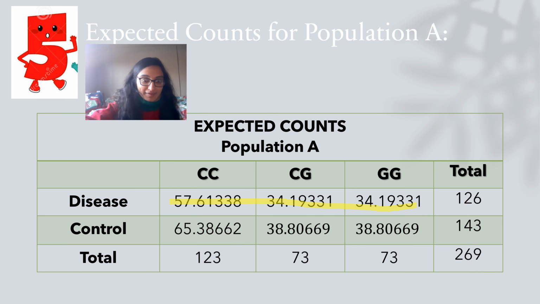Do these all add up to this? That's your first question. And similarly, these should also add up going across to 143. And if you also go down, you should make sure that 57.61338, this is equal to 123. These should all add up, and by and large they will, based on the formulas that you use.